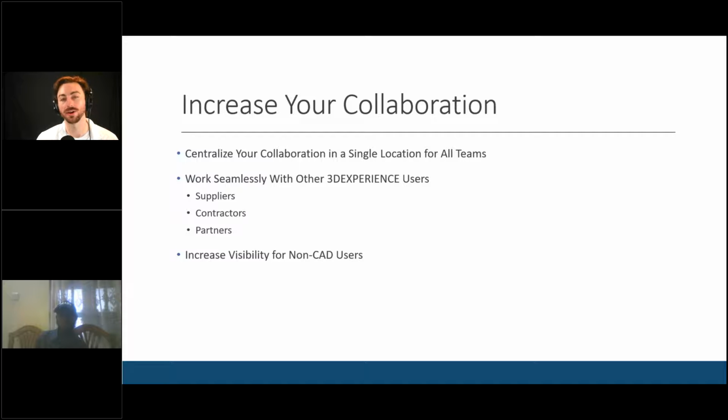And then you also have partners, like a manufacturing partner. You can give them access to your data so that you don't have to send files to them. They always have the up-to-date latest release data that they know they can go ahead and manufacture, and they can provide feedback on that data as well. So that's really important to increase that collaboration and reduce those miscommunications.